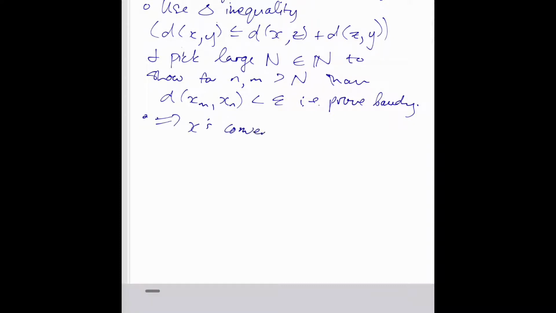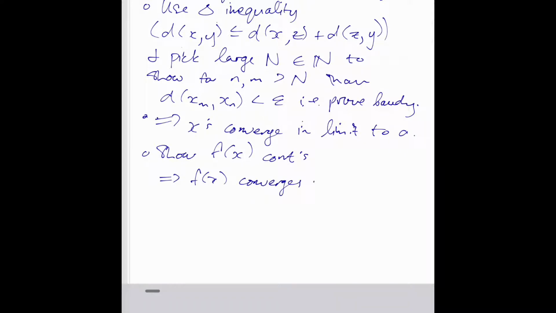Because it's Cauchy, this implies that the x's converge in the limit to a point A. We will show then that for the continuous function f of x, it converges in the limit to f of A, which is the same as our point A.